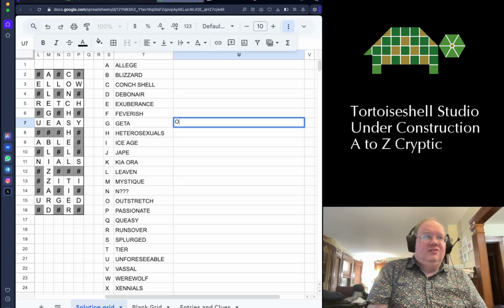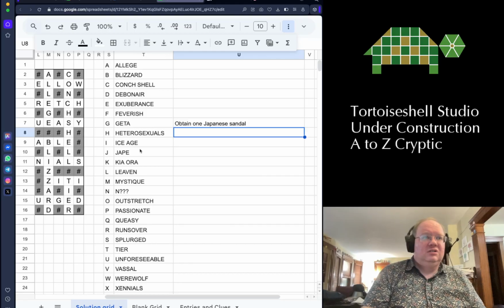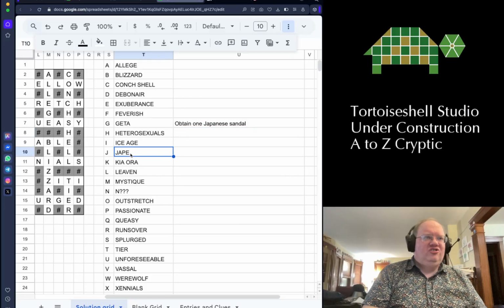I mean, this is just going to be obtained. Just realizing that I was planning on including jape using Japanese, something about Japanese as part of the wordplay.